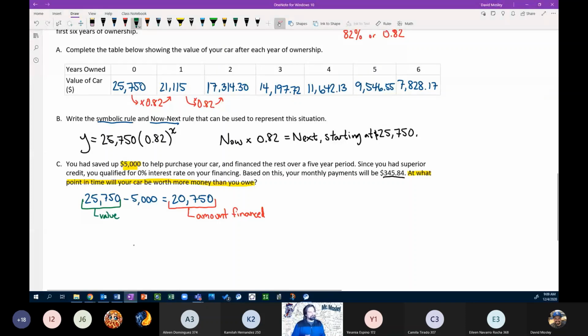So now, the amount of money we owe is a linear function. We pay $345.84 every month towards the loan of $20,750, right? Over the course of 5 years, this should pay off our loan. So we can set up the function for the amount of money we owe as a linear function.